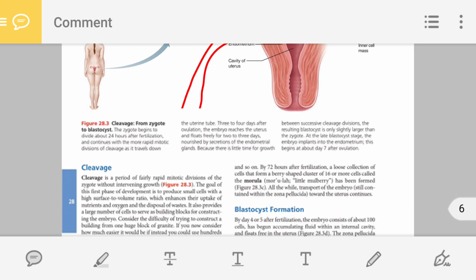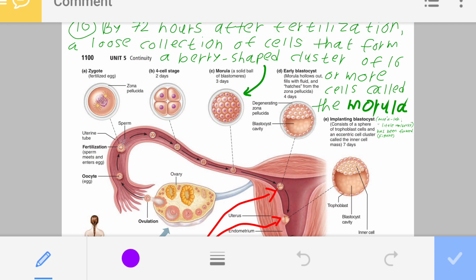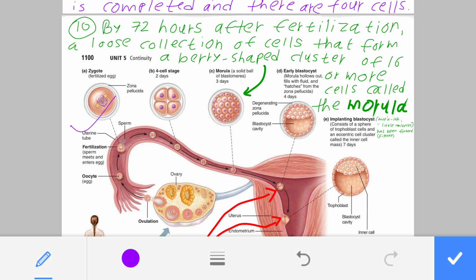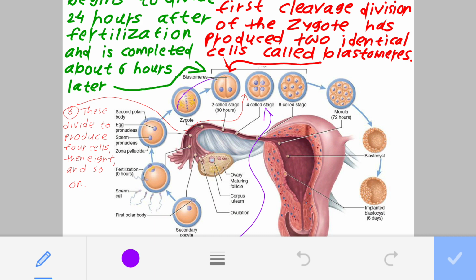So now we are moving forward. Once again, this is the zygote. From the zygote, two cells are produced, then four cells, then 8, and then 16.